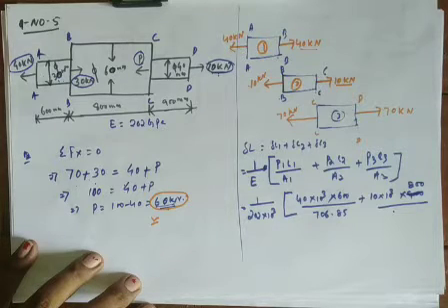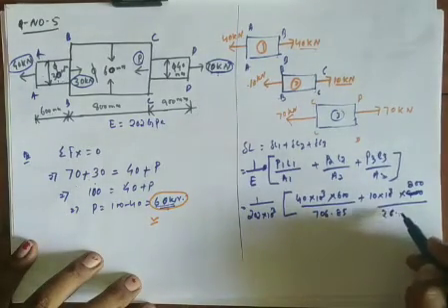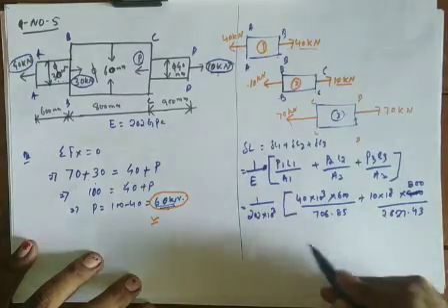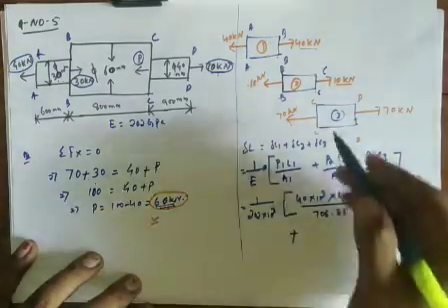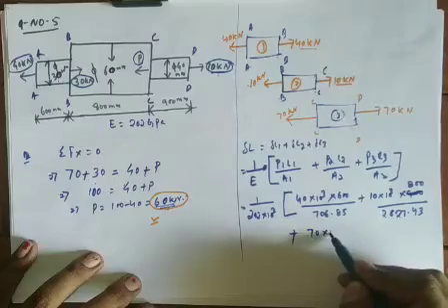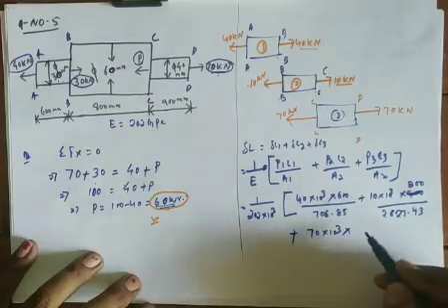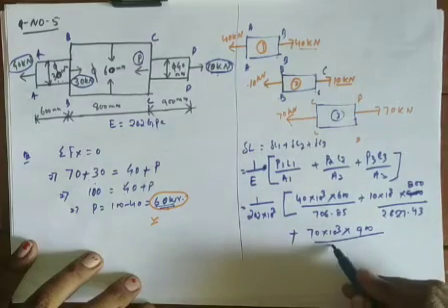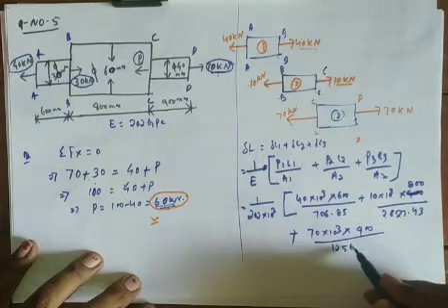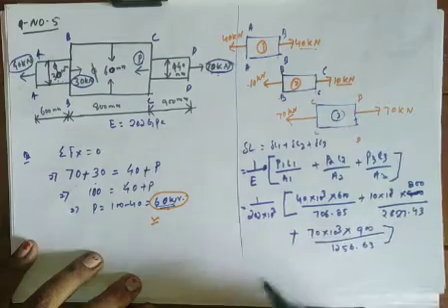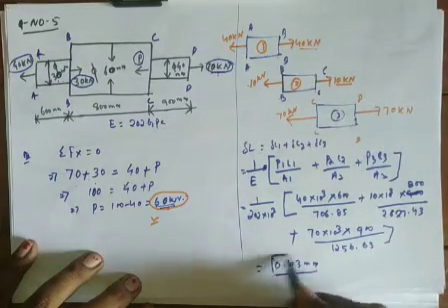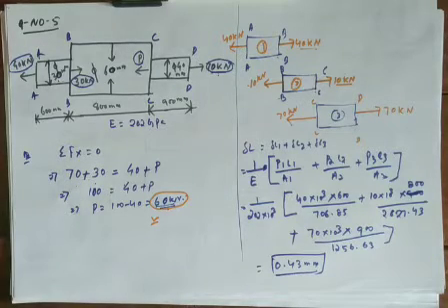So if we calculate pi by 4 d square, we get the value 2827.43, plus P3 is 70 into 10 to the power 3, into L3 which is 900, divided by 1256.63. So we will get 0.3 mm. So this is the final answer.